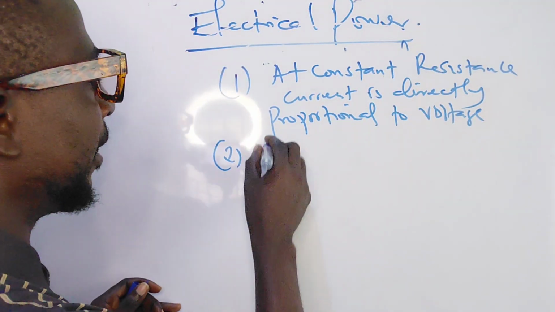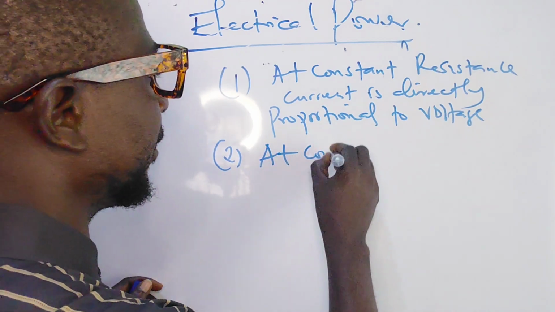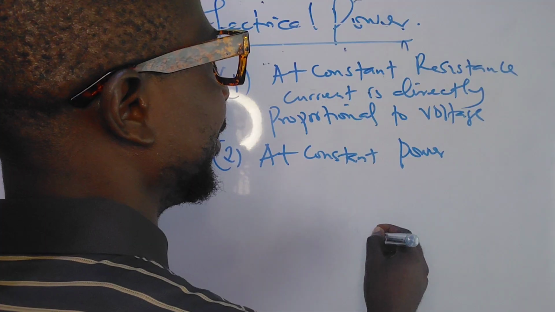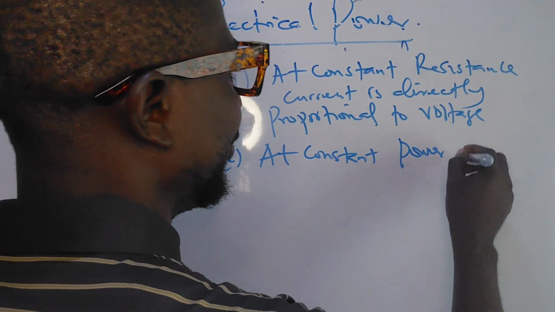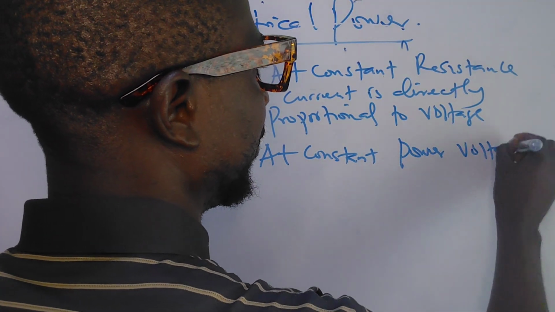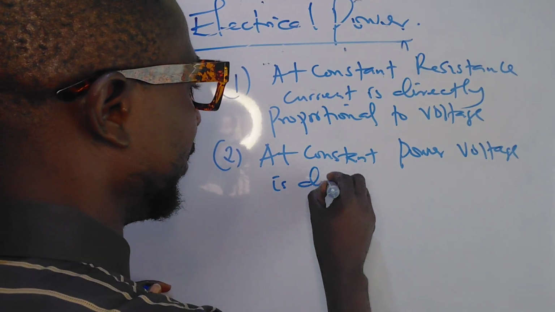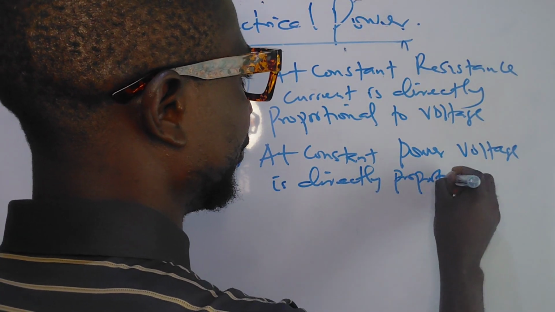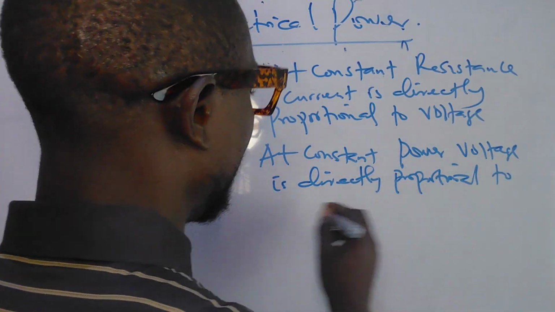The second one, at constant power, voltage is directly proportional to current.